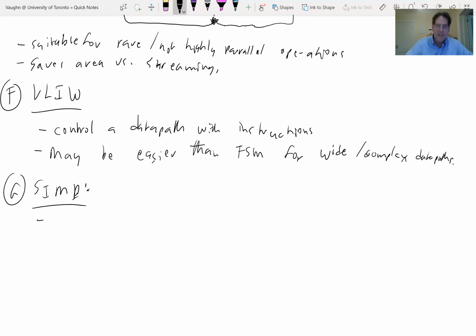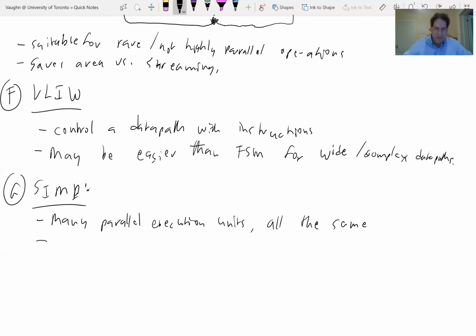So it's kind of like VLIW, but what it means is you've got many parallel execution units, but they're all the same. In VLIW, you can have many different execution units, but they can all be different. Every one of them has got its own piece of the instruction word controlling it. In SIMD, they're all the same.